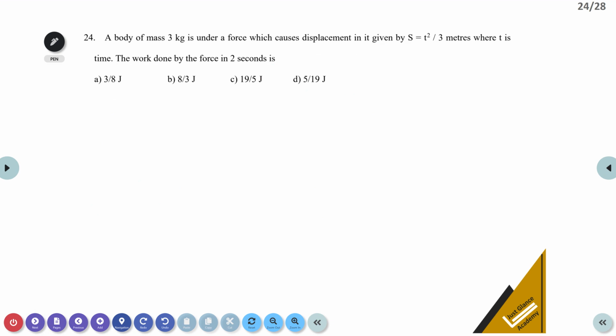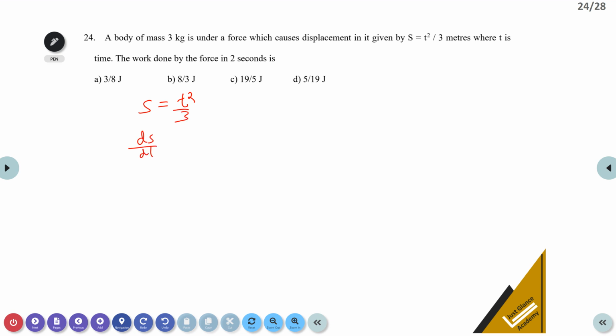Next, 24th. A body of mass 3 kg is under a force which causes a displacement given by S equals T square by 3 meters, where T is time. The work done by the force in 2 seconds is? First find the acceleration. S equals T square by 3.